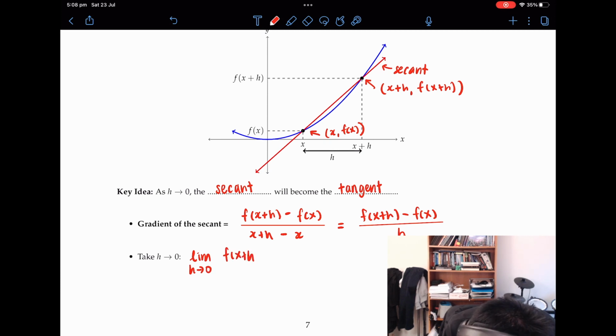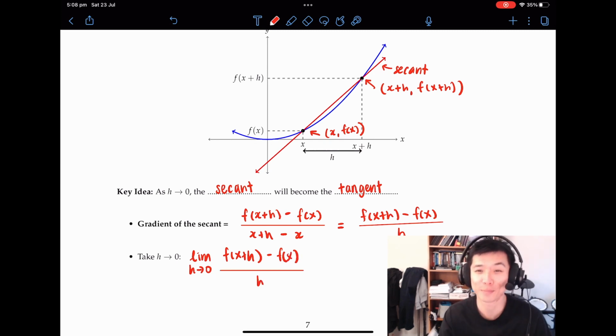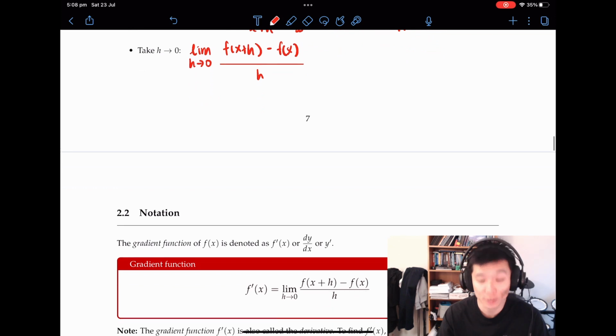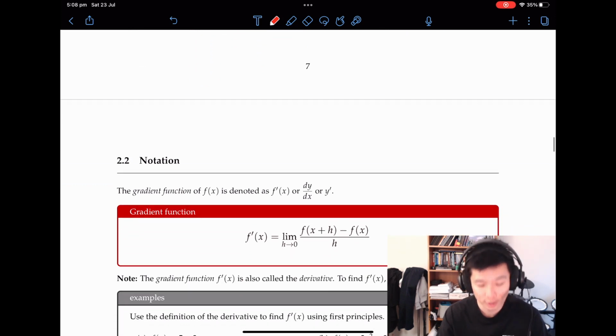We want h to approach 0. Now, of course, that's not going to work immediately, because h is on the bottom. We can't sub in the limit straight away. But you'll quickly see as we do questions that we can actually simplify the top and cancel h out. That's the goal, right? So let's actually briefly have a look at the definition that we've just reached.